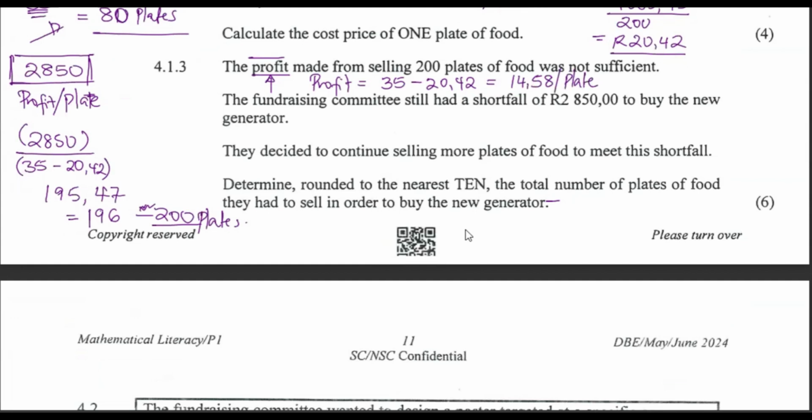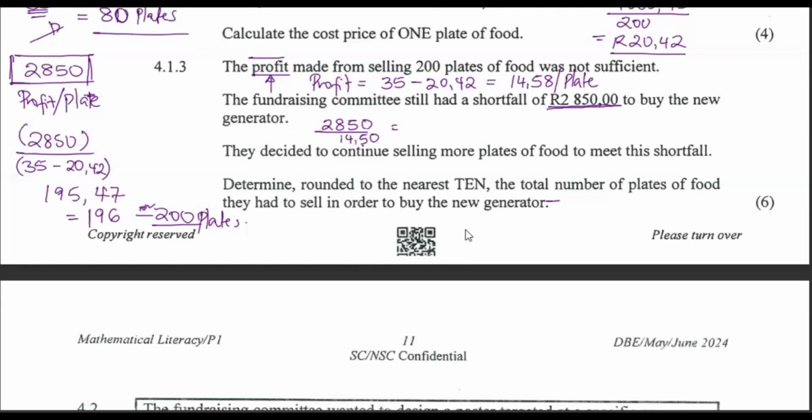We are using profit because the question says the profit made from selling 200 plates of food was not sufficient. It was not enough. The fundraising committee still had a shortfall of 2,850 to buy the new generator. So to find out how many more plates they should sell, we take the money they are looking for, divided by the profit.